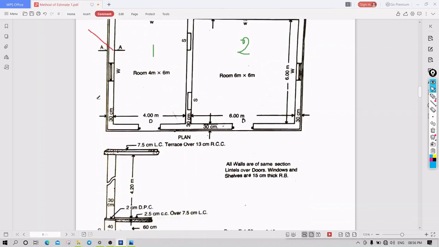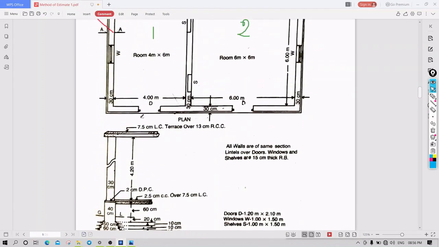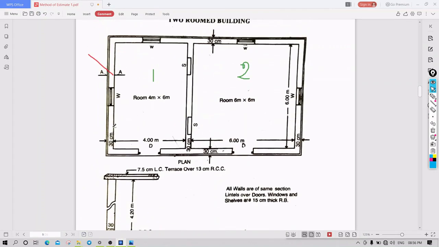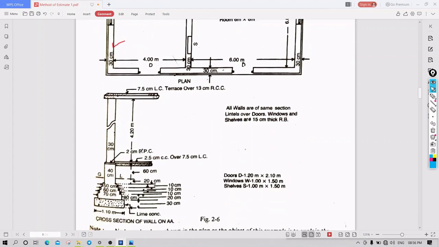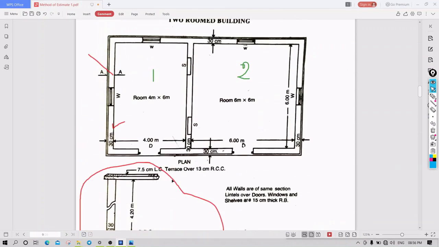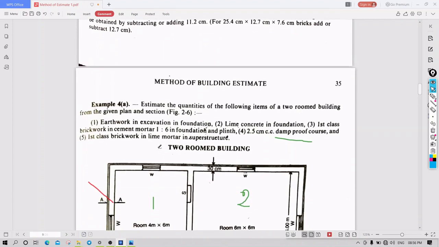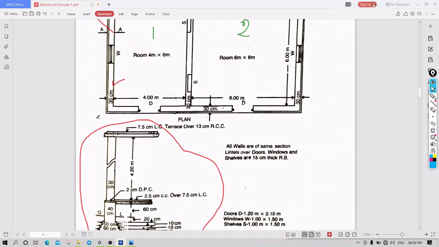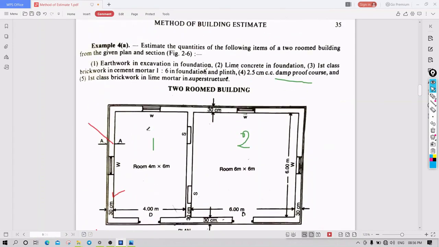So here is the cross section. As the figure specifies, the 30 centimeter wall will be the same for all the walls. This is a general item now. For the terrace, have they given any quantity? No, for the terrace and roof they have not given, so don't worry about this. This is excluded now.